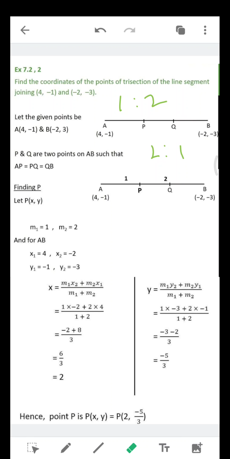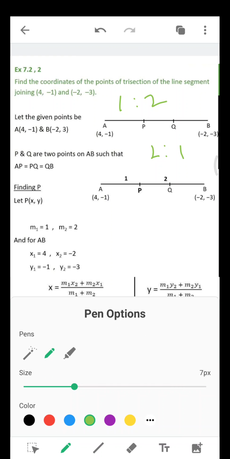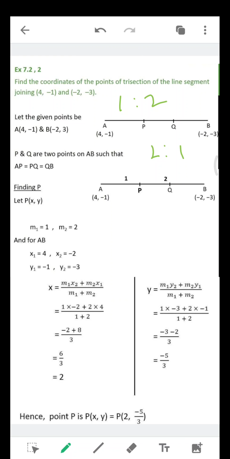Trisection means dividing a line segment into three equal parts. The three parts are A to P, then P to Q, then the third part. So the ratio is fixed and will not be given: it is 1:2 and 2:1.